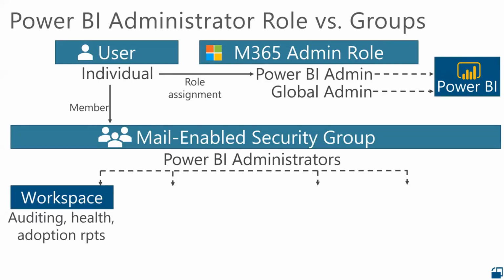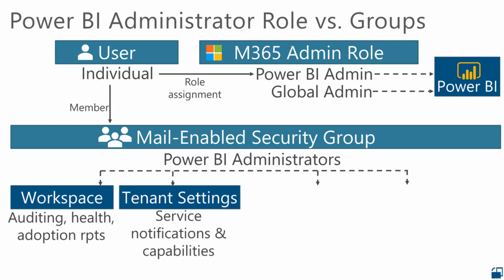One is in your Power BI workspace, you're going to have auditing reports, health reports, maybe adoption reports, things like that, a BI on BI kind of idea, and you can set the security for that to your group. There are also various tenant settings that you can set specific to the group.